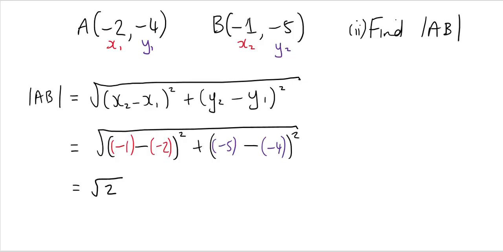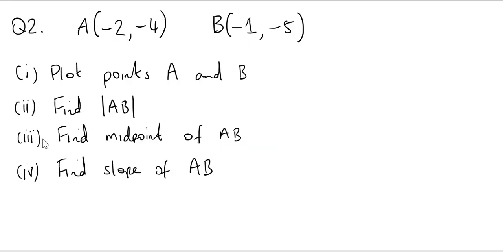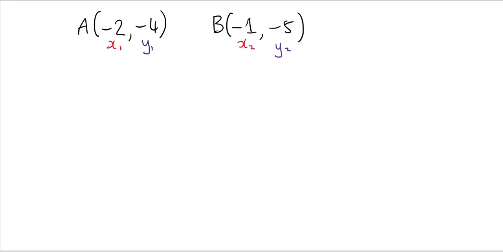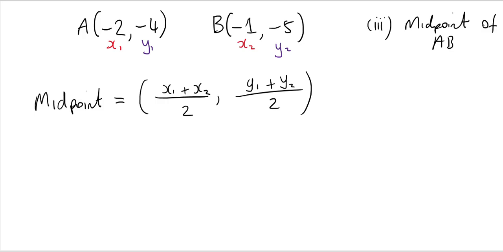The next one we've got to find here is, going back to our question, part 3, find the midpoint of AB. So same protocol again as before. Points down, label, formula, and set up.